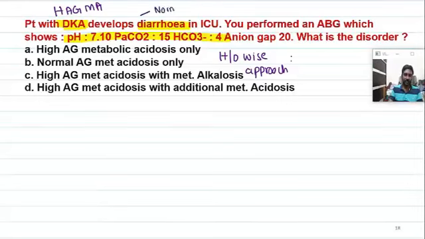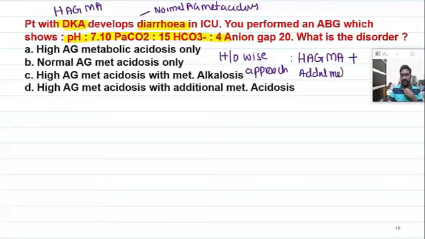Diarrhea can cause normal anion gap metabolic acidosis. So this patient is having two metabolic disorders and these two metabolic disorders are acidosis. So patient is having a high anion gap metabolic acidosis, along with an additional metabolic acidosis in the form of diarrhea, which is generally a normal anion gap metabolic acidosis. Now let us see whether there are two metabolic disorders with the help of ABG-wise approach.